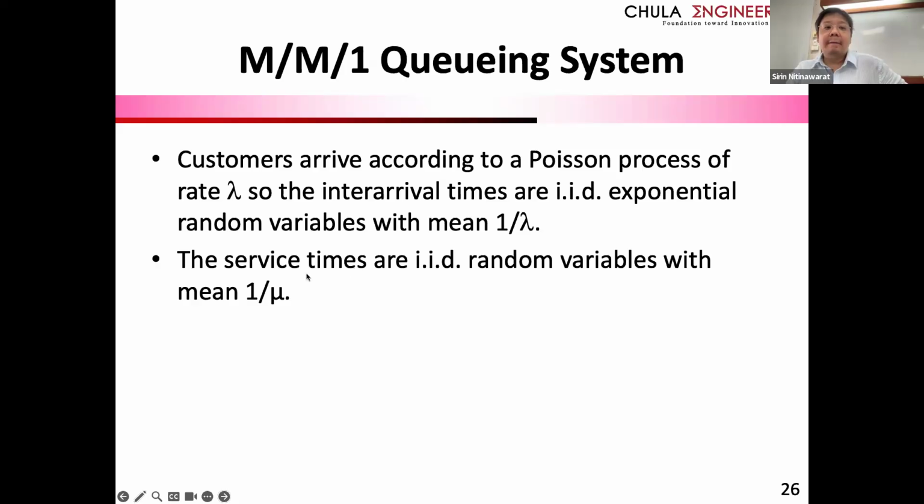If the service mechanism has a rate determined by mu, then the service time per customer is on average 1/mu seconds per customer. So if customers keep coming into the server, on average the server finishes each customer in 1/mu seconds.